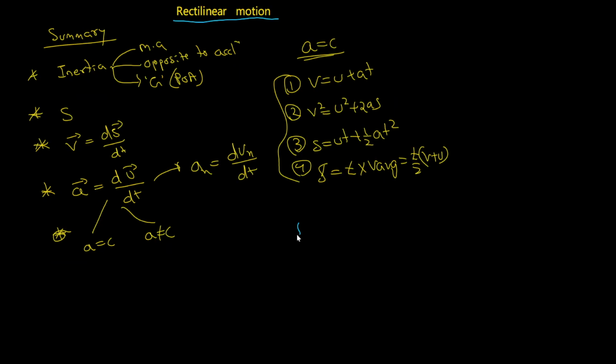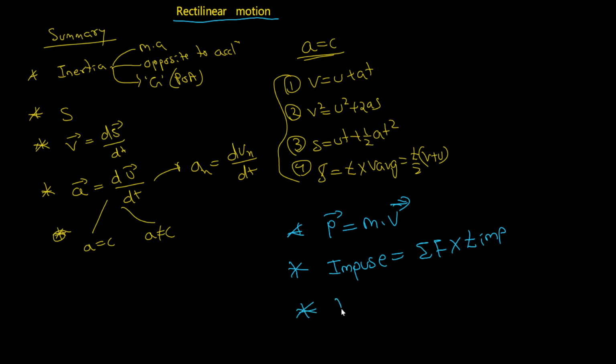Then we discussed linear momentum, that is nothing but mass into velocity vector. Then impulse is nothing but force into time. Then we talk about work done, the dot product of force into s vector, it's a scalar. Then we talk about potential energy, mgh.